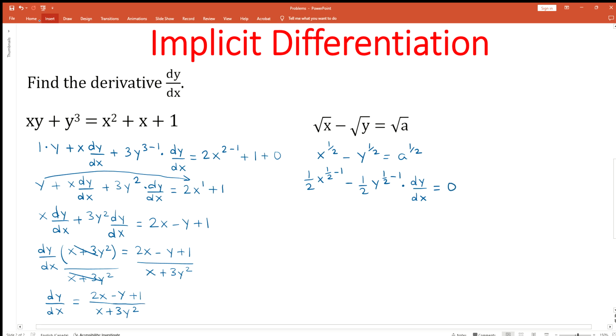We have to isolate dy over dx in this equation. First, let's simplify the terms. Half minus 1 is negative half. Next, we can make the exponents on x and y positive by moving the x and y terms to the denominator.